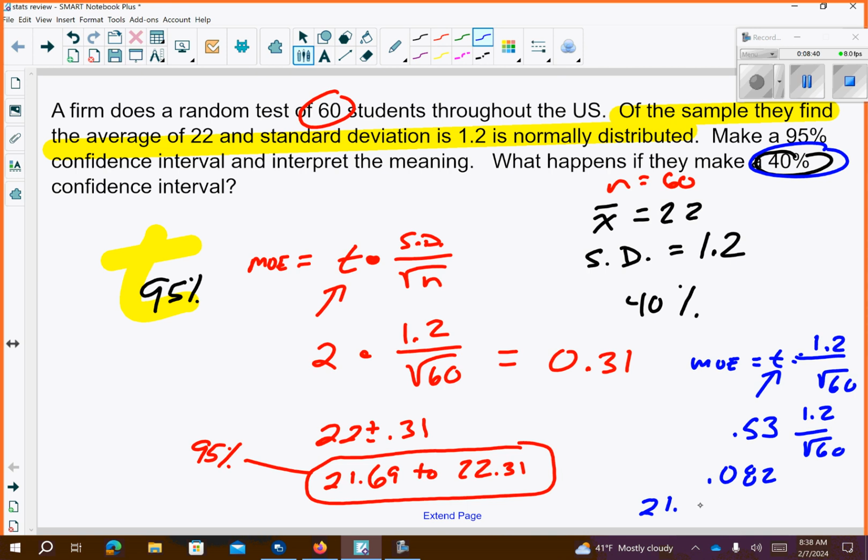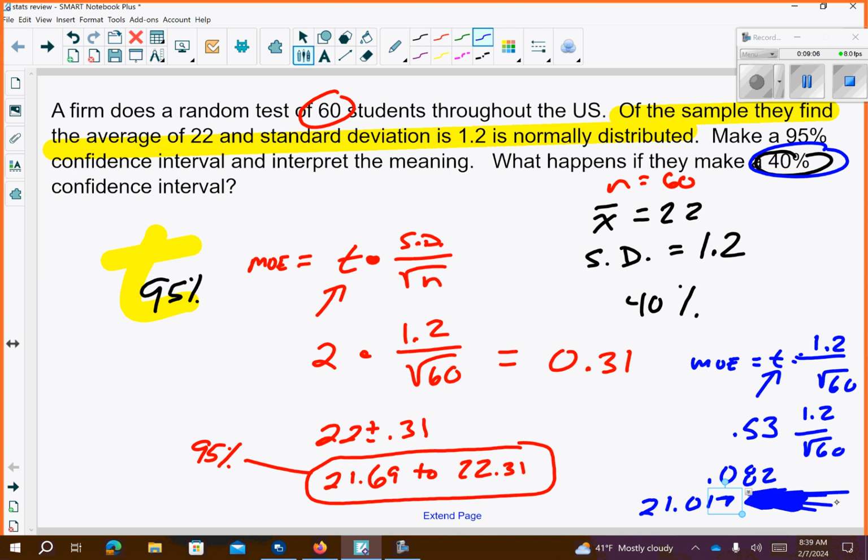What's 22 minus 0.082? 21.017? Did I do that right? And then the other one is 22.08? Oh, look what happened. That's 22.08.